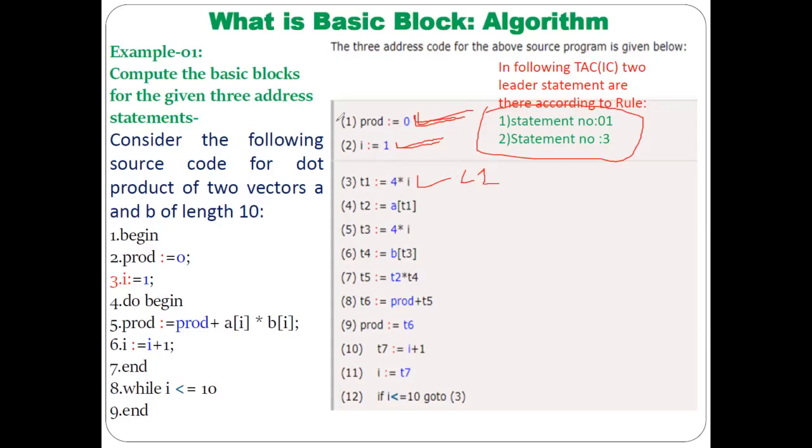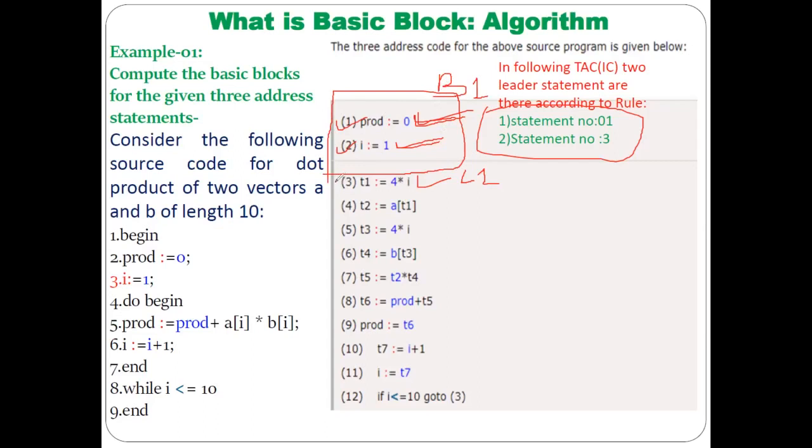Your basic block will start from this instruction and end at instruction number 2, because it ends when the next leader appears. So this will be your basic block 1.